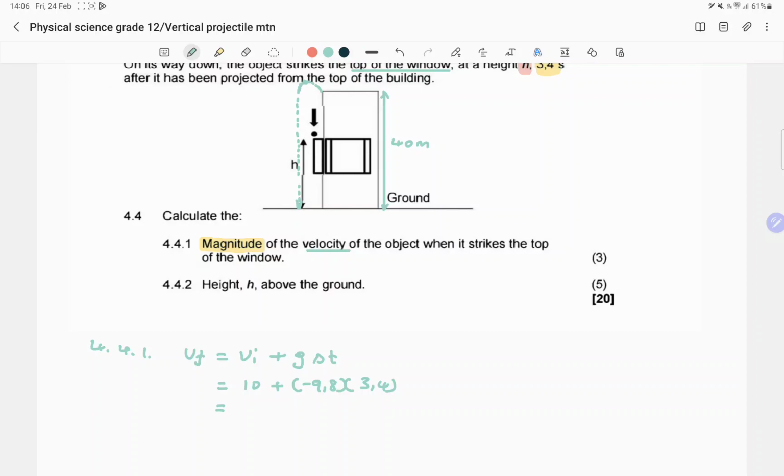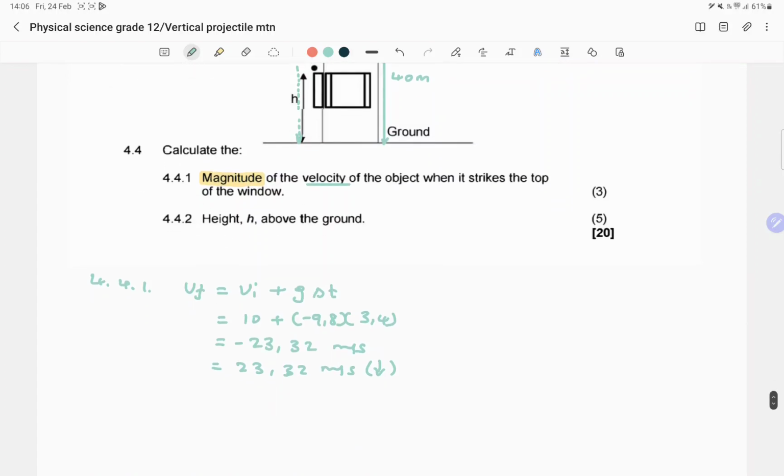So this is 10 plus, into minus 9,8 into 3,4. So I'm getting a minus 23,32 meters per second, which is 23,32 meters per second downward, because we chose up as positive.